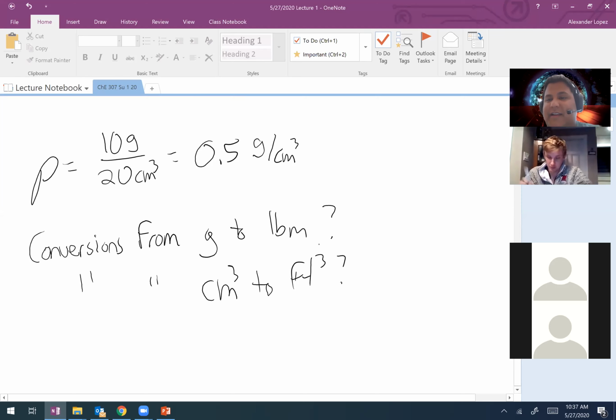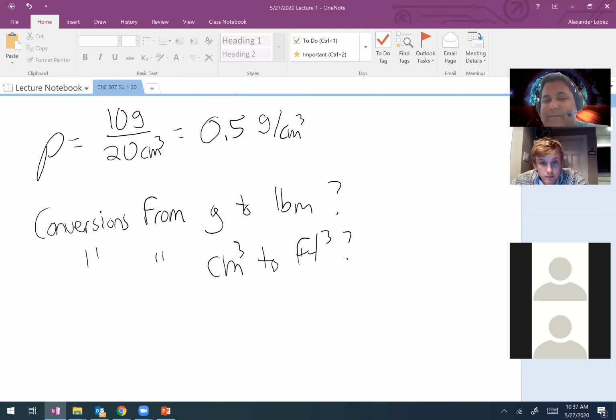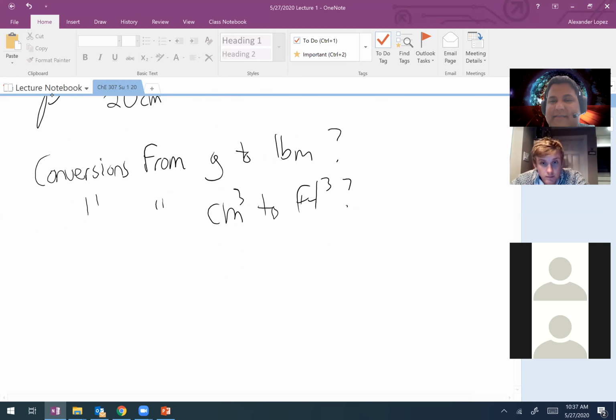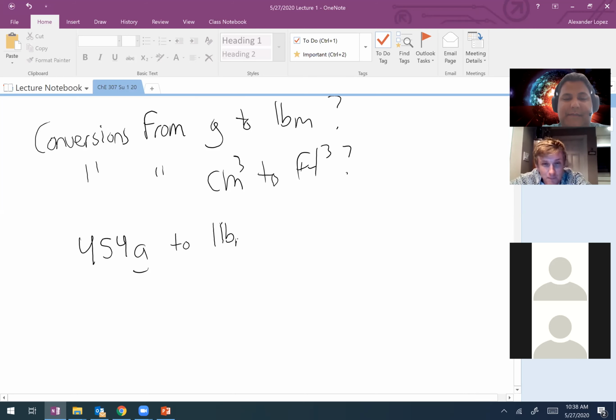So, does anybody know what the conversion is, outside of Google, from grams to pound mass? You can unmute yourself. You might have been muted by default. 453.593 grams per 1 pound mass. That's correct. So about 454 grams to 1 pound mass.